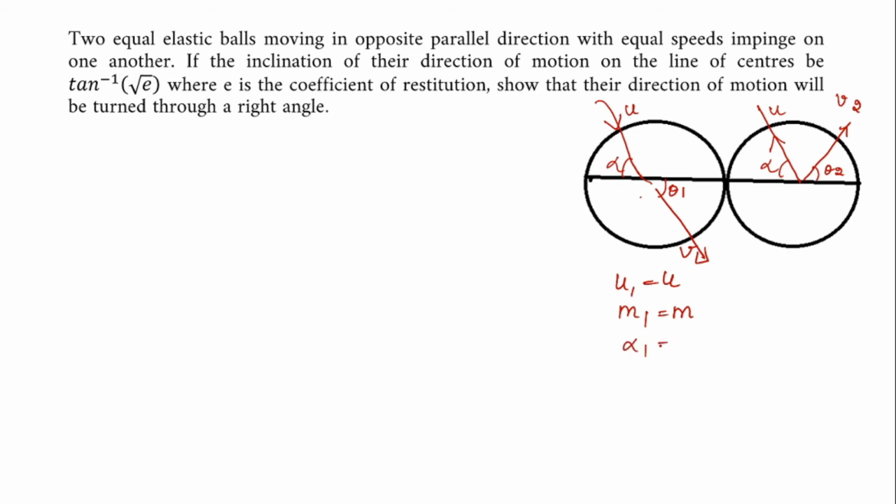So alpha 1 is equal to alpha. For the second one, u2 is equal to minus u because it is in the opposite direction. m2 is equal to m, the mass of the ball, and alpha 2 is equal to alpha. Right? So now we are going to use all these things, and they have given that E is the coefficient of restitution, and it is the angle of inclination. So alpha is equal to tan inverse of root E.